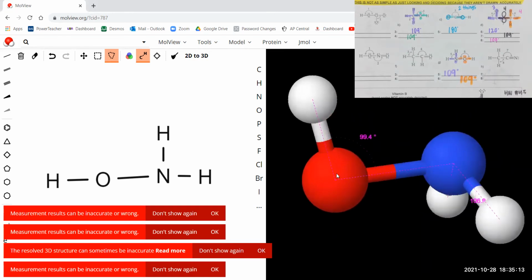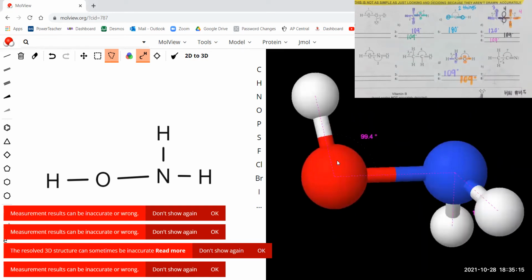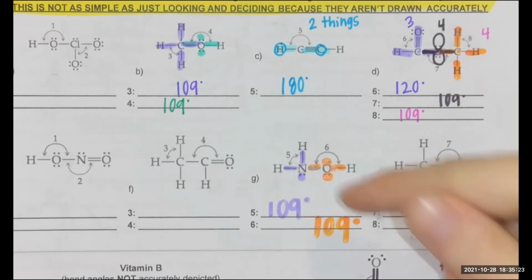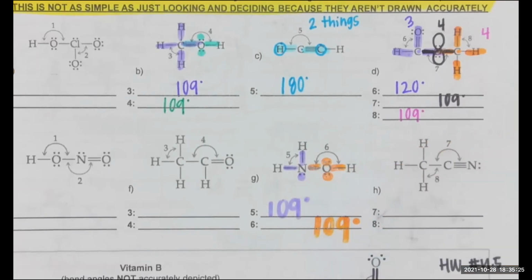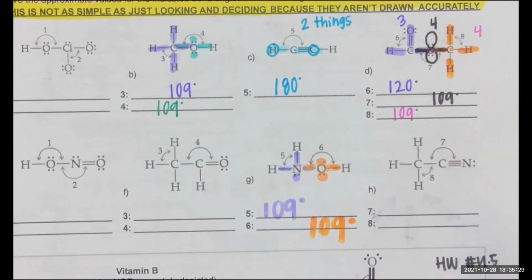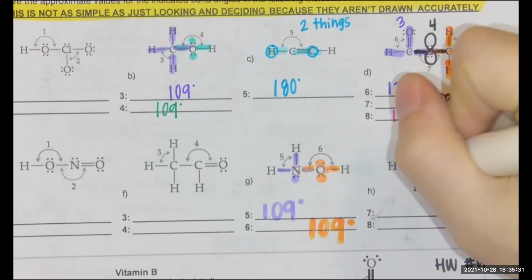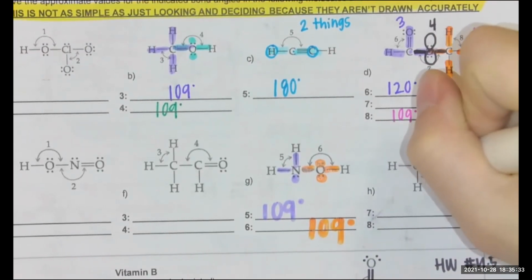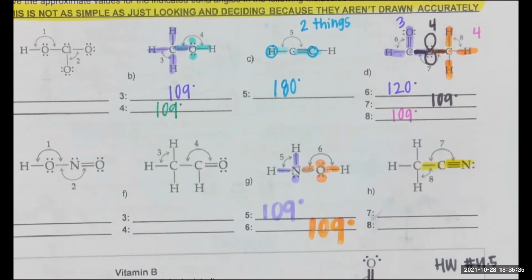Oh, maybe not. 99. It's not quite 109, but it's a lot more accurate than what it looks like on the picture. It looks like it's a straight line at 180. It is definitely not. This one over here is though, because this carbon is attached to 1, 2 things.